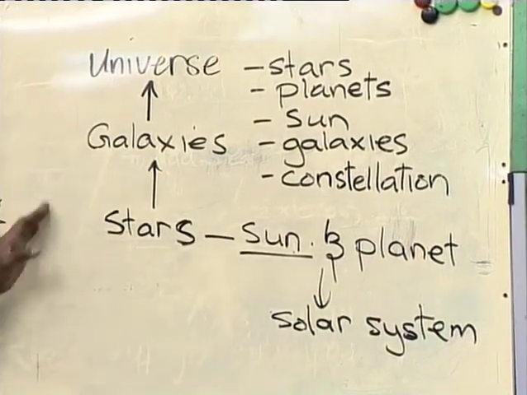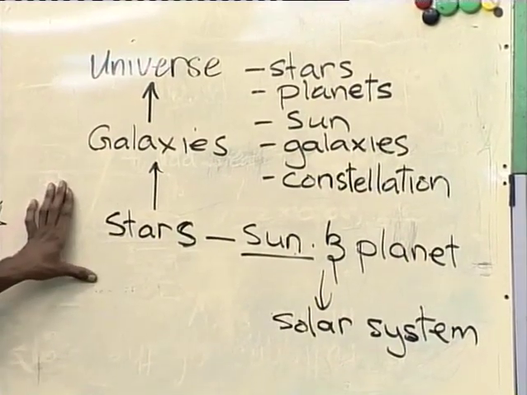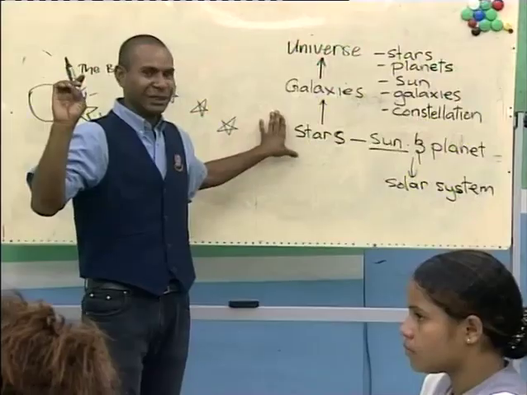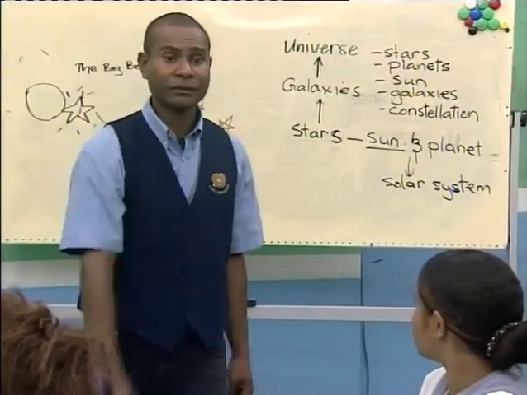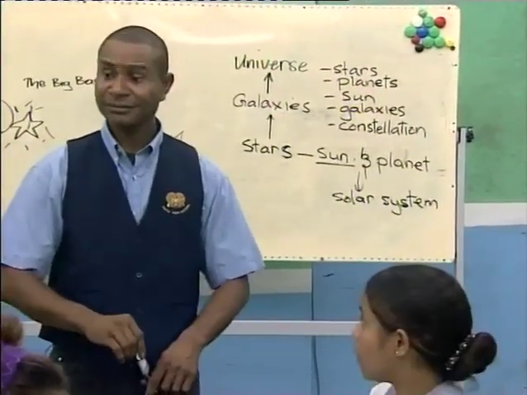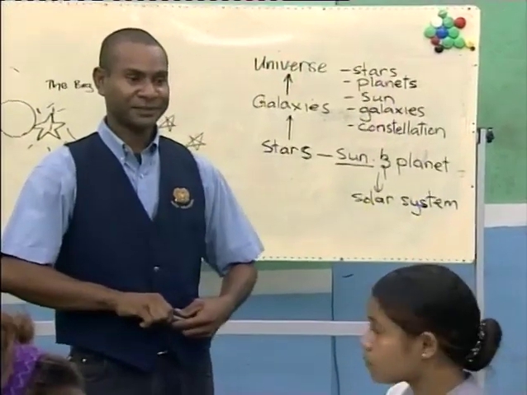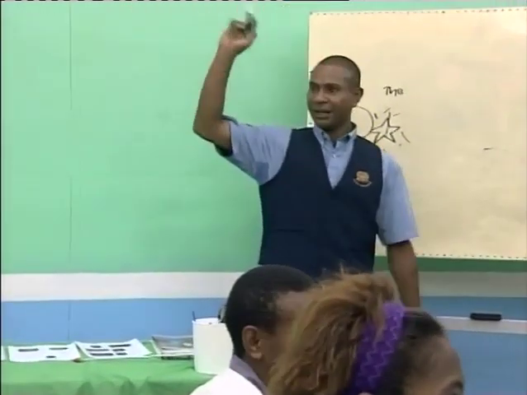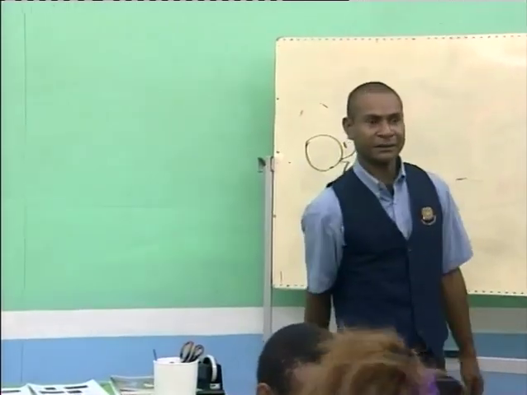We are in the galaxy. Can someone tell us, who has an idea what our galaxy is named? What is our galaxy? What's your name? Darren. Solar system. Yes, the solar system includes the sun and the 9 planets. Ruthie. Anyone else? Oh, only Ruthie. Milky Way galaxy. The Milky Way galaxy.